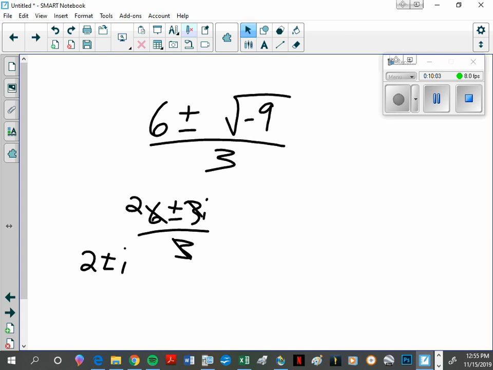So this assignment, go to 4-7. And on number 7, it tells you to solve the equation using any method and then explain your choice of method. I want you to use the quadratic formula, and so the explanation is my teacher told me so.